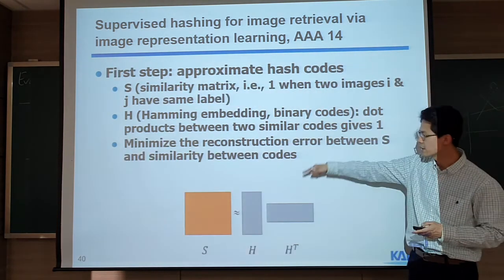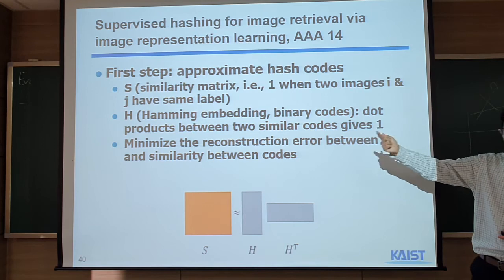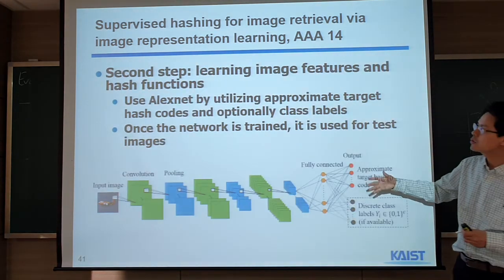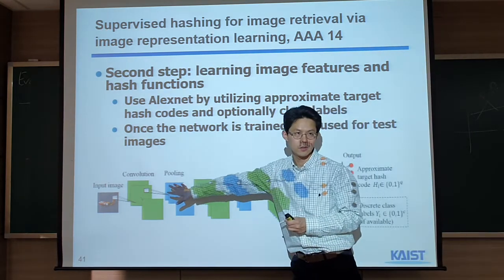If this code gives 1, we want to give 1. If it gives 0, we want to give 0, right? That way we compute these features, right?